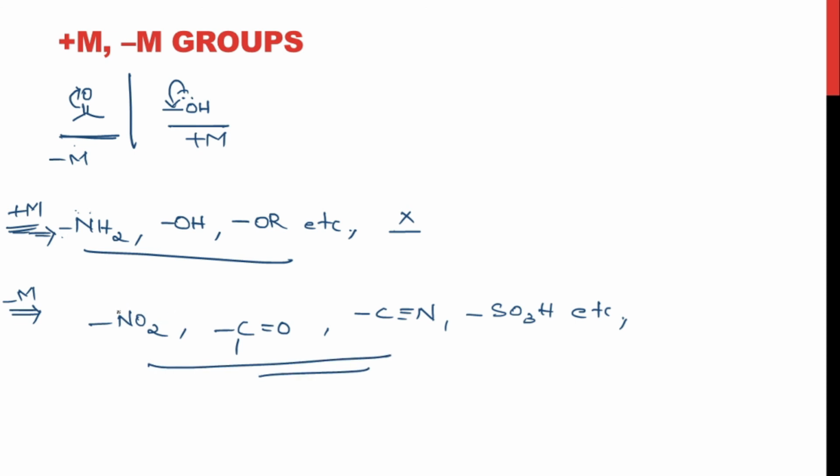So nitrogen has a double bond with the oxygen atom, so the electron withdrawing nature is greater. So they would withdraw the electrons from the resonating structure. You can see all these groups have a pi bond with the heteroatom, so they would be withdrawing in nature. So these are the plus M and minus M groups, right?